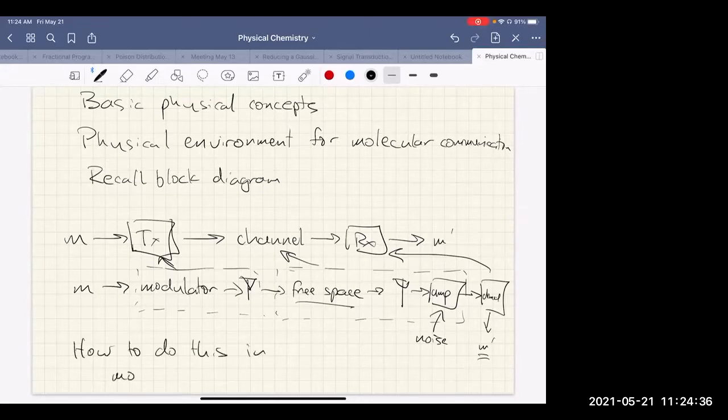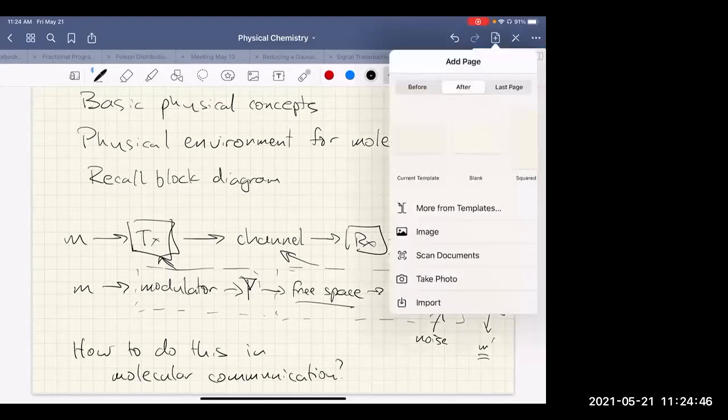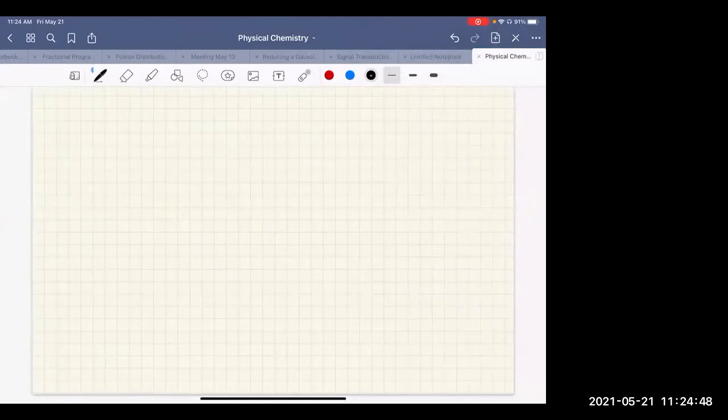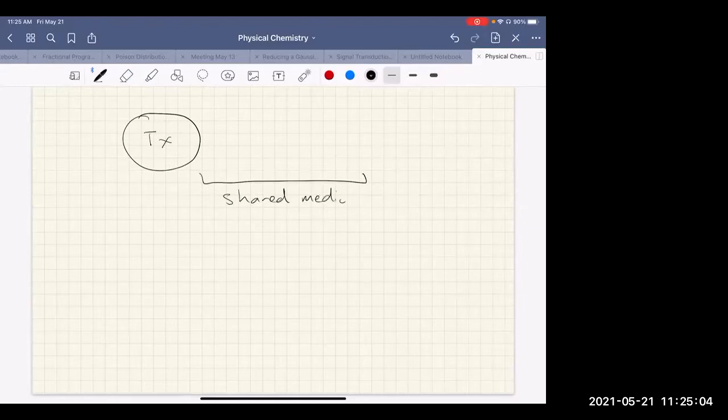So how to do this in molecular communication? We saw some very basic examples in the introduction. So now let's give that a little more physical structure. The environment that I would look at would be something like this. There would be a transmitter, shared medium, and a receiver. And what's going on is that the transmitter will release molecules.